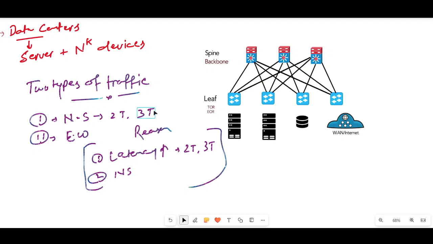Three-tier architecture is based on the access layer, distribution layer, and core layer. When most traffic in the data center was north-south, that was the problem. But with the help of east-west traffic, we minimize these things.